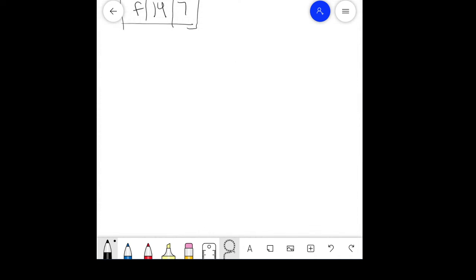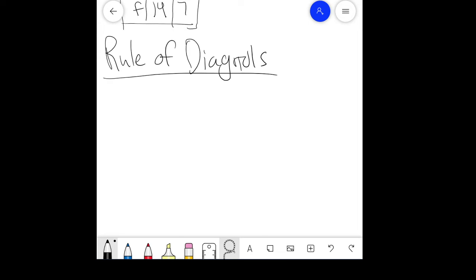Now I'm going to talk about the rule of diagonals, which I bet you all are tired of, but it is important, sadly. That's not how you spell diagonals. Okay, pretend I spelled that right.